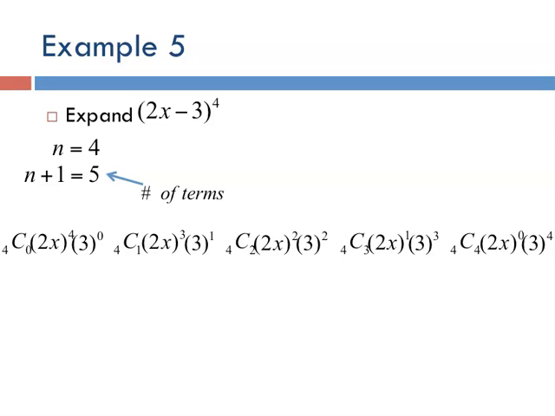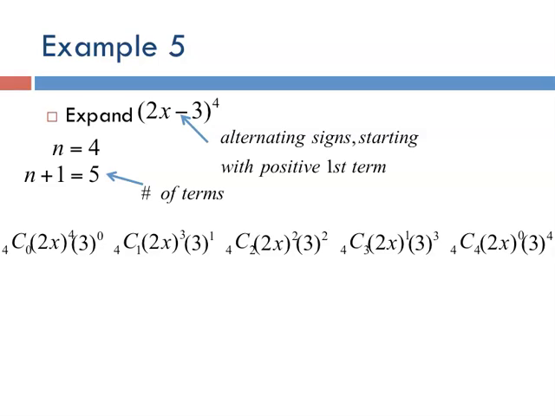All right, so now we're going to alternate the signs. So remember, the first term is positive, second term will be negative, and so on. So positive, then negative, then positive, then negative, then positive. Okay, now instead of calculating 4 choose 0, 4 choose 1, 4 choose 2, you can actually just use Pascal's triangle, which we just wrote down.